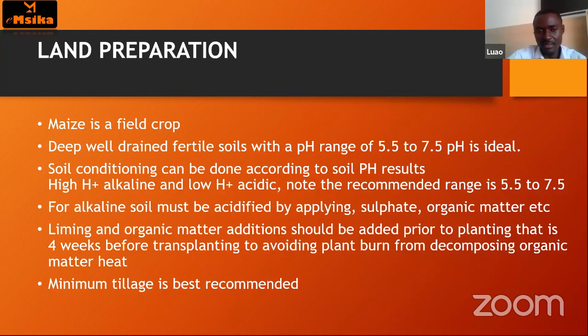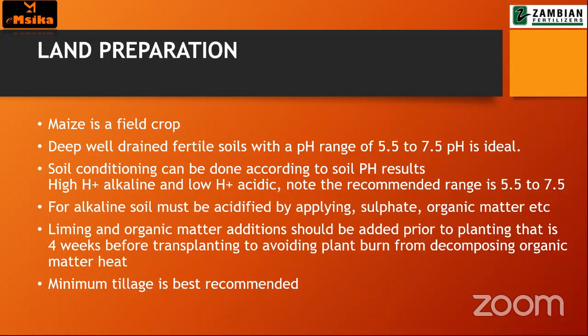When the pH is low, we refer to this as acidic, and when it is high, alkaline. The pH is low on the acidic side, and high on the alkaline side. Note that the recommended range is 5.5 to 7. I explained this point in the second point.